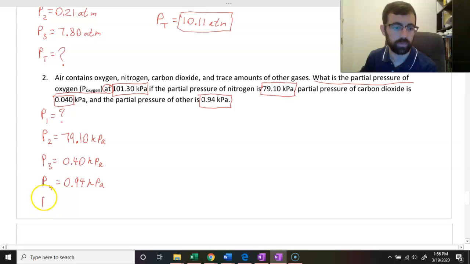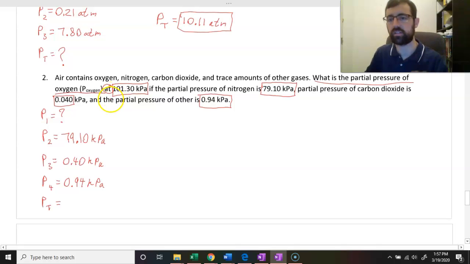And then we have P total. That's the other part of the equation. We don't have a total yet, do we? Well, actually, we do. This number up here, 101.30 kPa, that is the air pressure. It says at 101.3, that means the air pressure is 101.3 kPa. Normally on a quiz or a test, on any problems that you're expected to do by yourself, I'm going to be a little more clear about that.